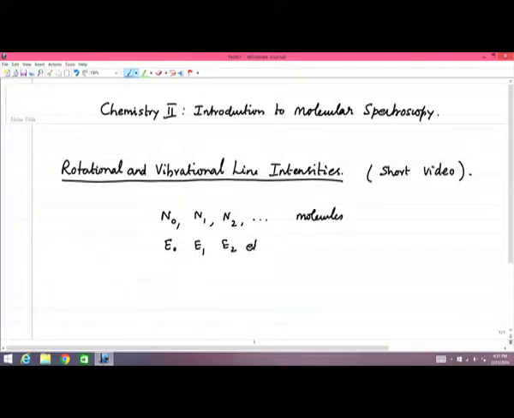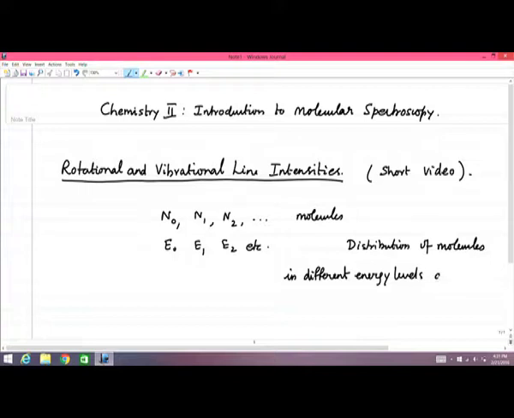That is the distribution of molecules in different energy levels due to thermal equilibrium. What we need to know is the Boltzmann formula, which was also mentioned to you earlier in the course.